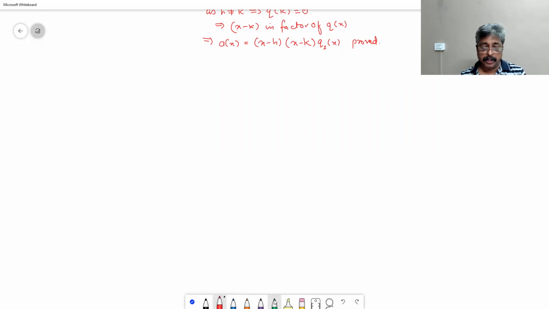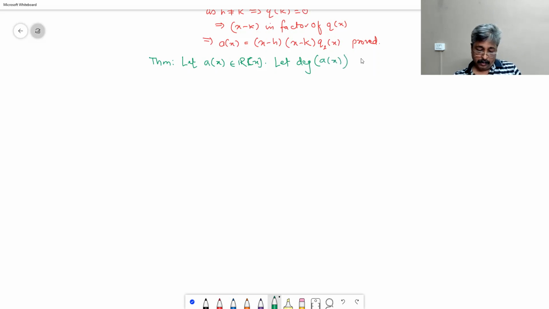Let us use a different color. Green. Let a(x) belong to R[x]. Let degree of a(x) is equal to n, which is greater than or equal to 1.